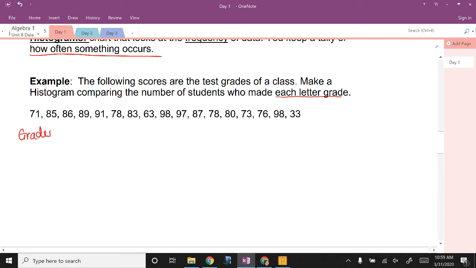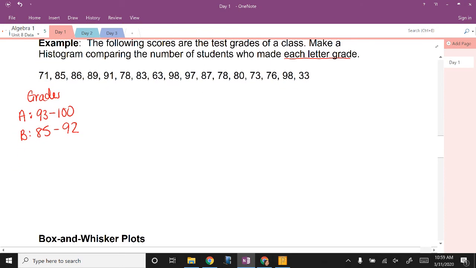Okay, so to make an A, your grade has to range between a 93 and 100, right? To make a B, your grade has to range between an 85 and a 92. Okay, just like we have in class.